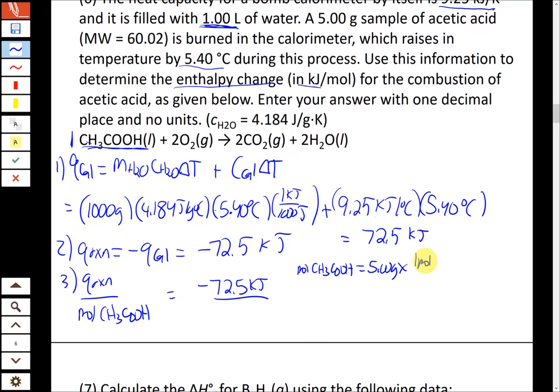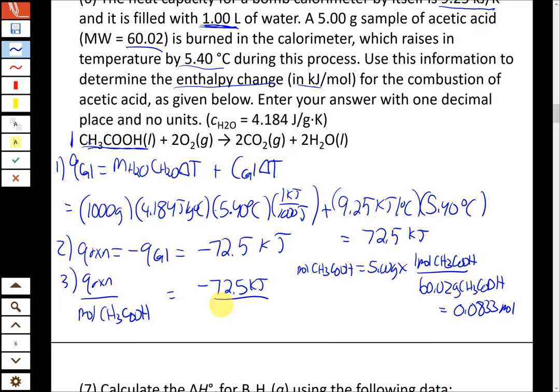And the molar mass for acetic acid was given to us as 60.02 up here, so we don't have to calculate it. So 0.0833 mole is the amount of substance that we burn.